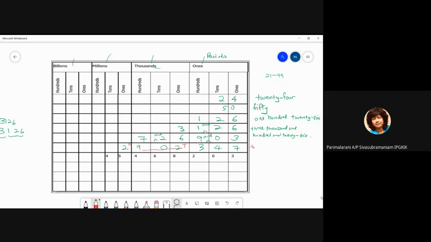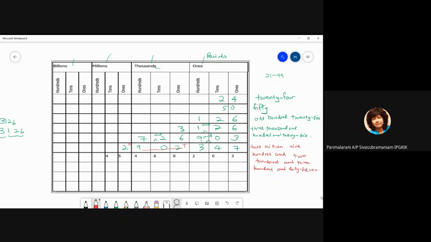If we were to write it down in words, it will be two million, nine hundred and two thousand, three hundred and forty-seven.